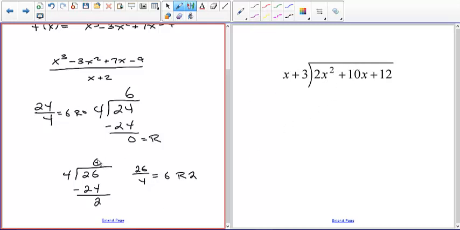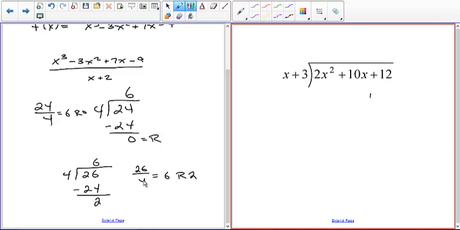So instead of just getting a number up here, we're going to have a polynomial. And the remainder, instead of just being a number, if it's not 0, it'll be some number divided by the original denominator.